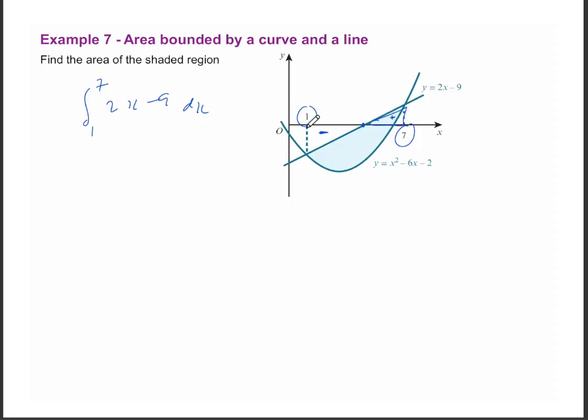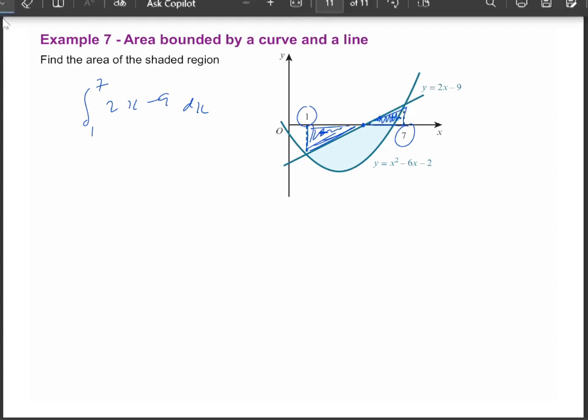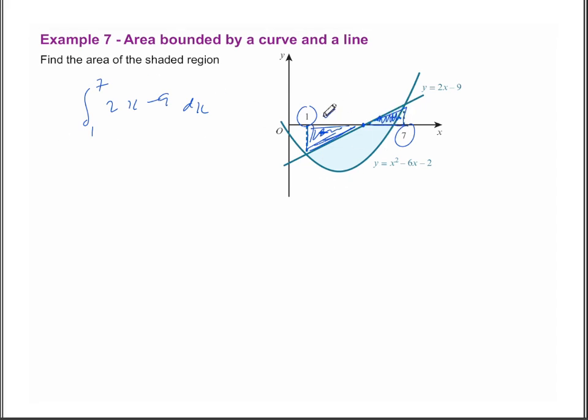Therefore, this part right here is going to be removed from the area, while this part is going to be added to the area. Now, this removal is correct. We actually need it to be removed fully. This addition has an extra bit that has to be removed that comes from the curve actually, right?